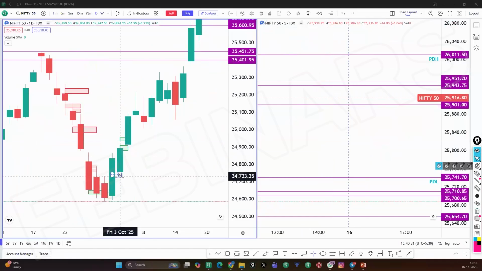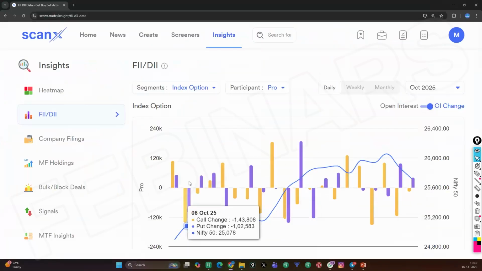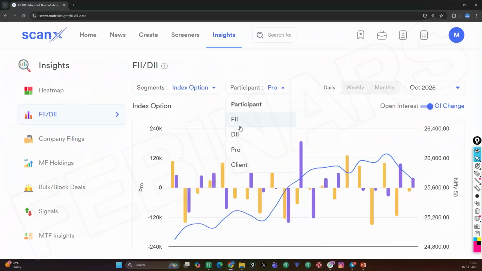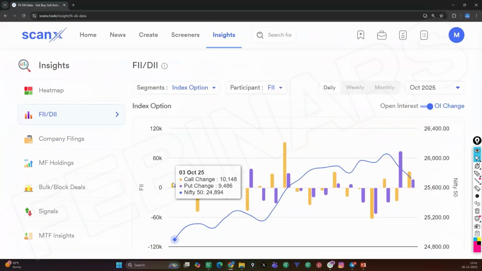So this is the candle. What is the time? 3rd October. You keep the cursor, 3rd October. What happened to the data? Let's go to the data. Where is the 3rd October? Oh, we need to go to, okay, 3rd October.